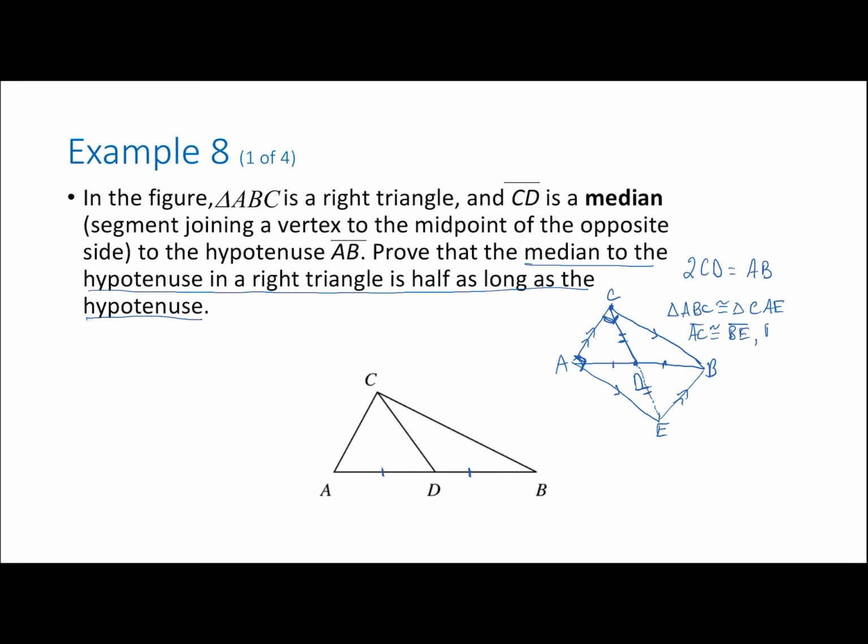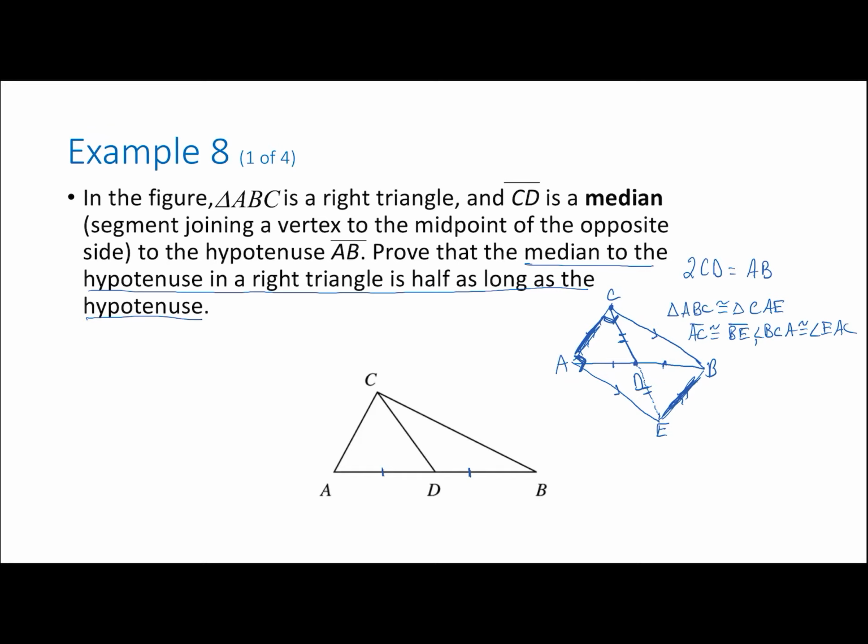That actually is pretty easy here, because if we know that AC is congruent to BE, and we know that, let's see, angle BCA is congruent to angle EAC. That's the two that I've got marked with right angles.